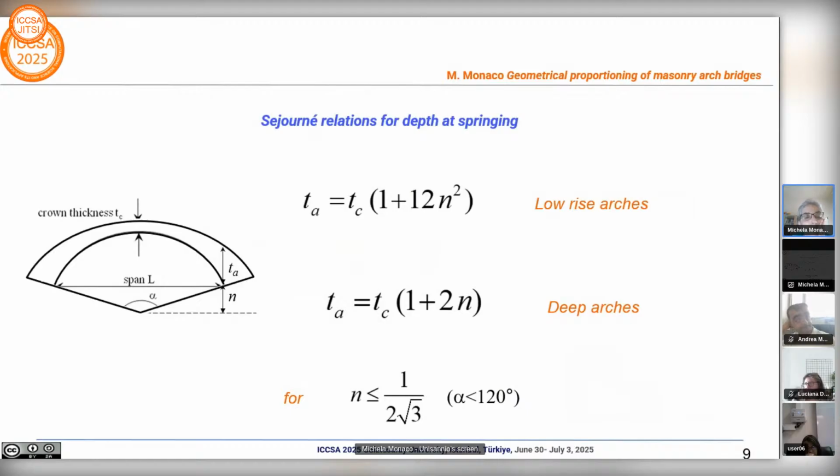And these relations calculate the thickness at the sections corresponding to 120 degrees, because for Séjourné and other French authors, the remaining part of the bridge, or this part under this section, does not behave like an arch, in general due to strong backing.